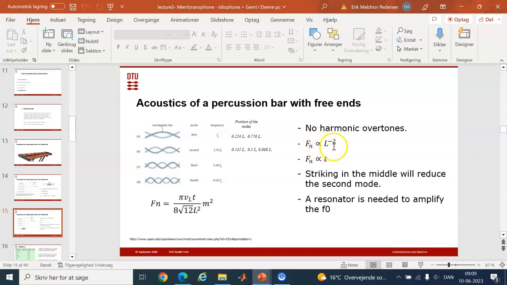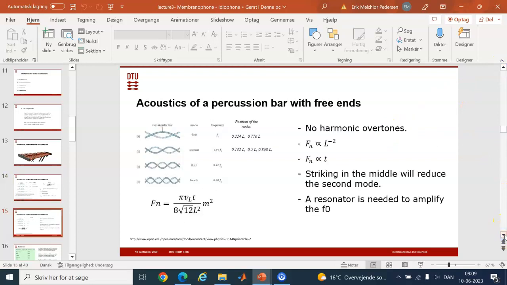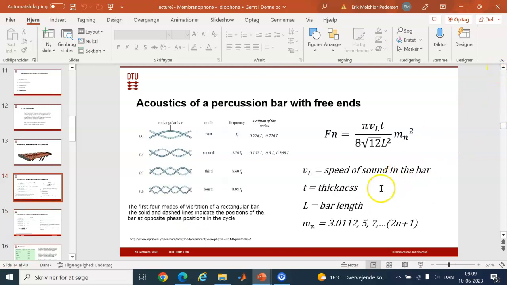Fn is also proportional to the thickness. And the term comes here again, and VL is the speed of sound in the bar.